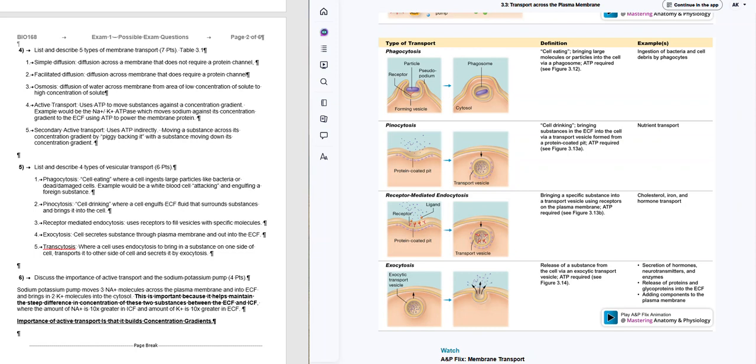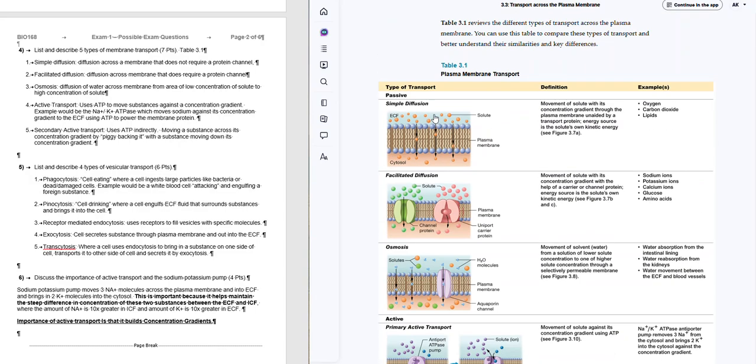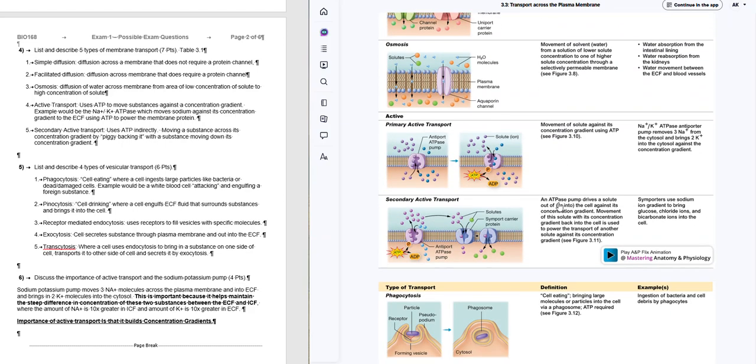Questions 4 and 5 can be easily viewed in table 3.1. Same with the previous questions, you can find the answers there. So our 3 types of passive transport: simple diffusion, facilitated diffusion, and osmosis, with definition and examples. Active transport is our primary active transport. A common example is our sodium-potassium pump.